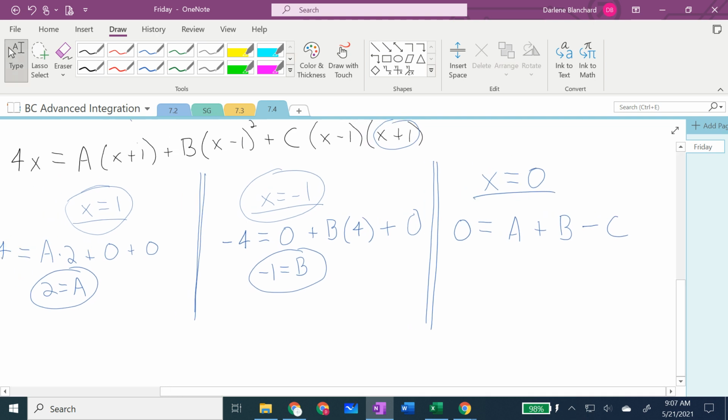But because I was able to find those other two, it's not too bad. So here we go. I'm going to plug in. We've got 2, -1, and that means my c is equal to a nice, pretty positive 1. Yay!